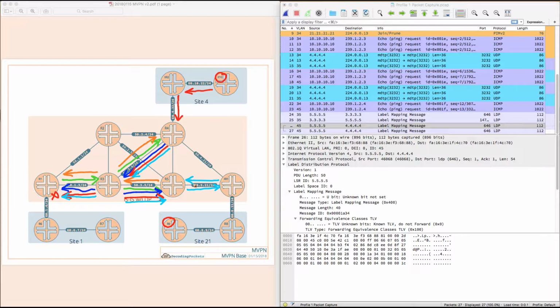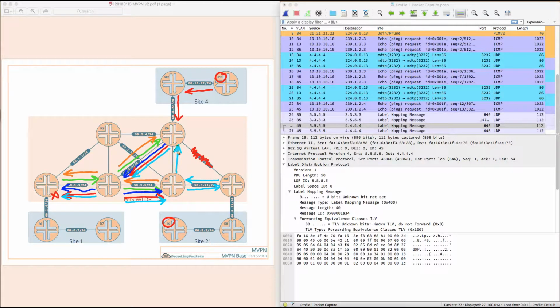And then R5 will take the shortest path over to R4. And remember, once again, this interface in our topology was shut down, so there was no signaling that could have been done there.